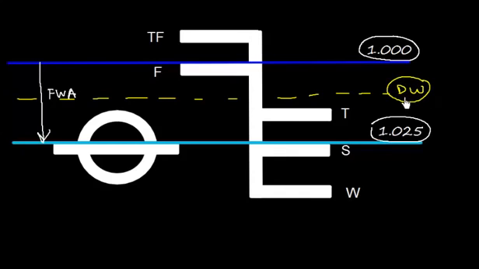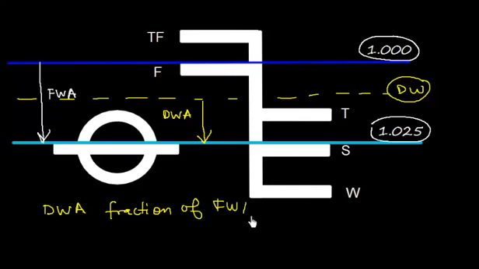So if the vessel was floating in dock water and she comes to salt water like this, this distance is going to be dock water allowance. So we can say that dock water allowance is a fraction of freshwater allowance.